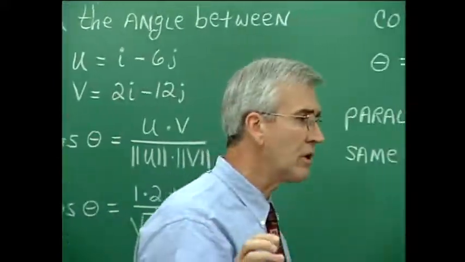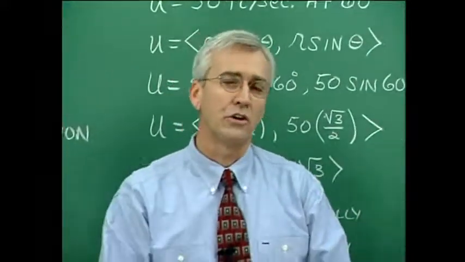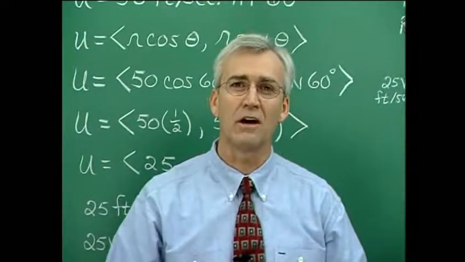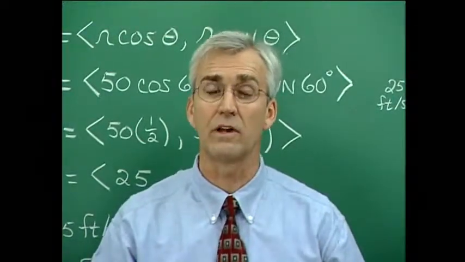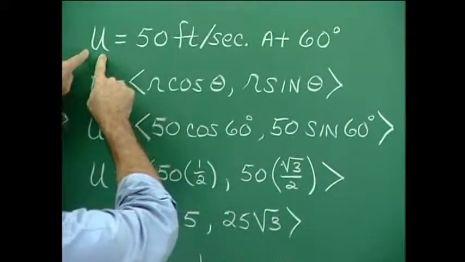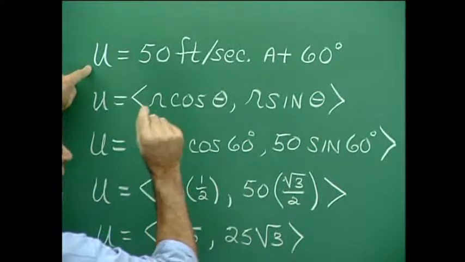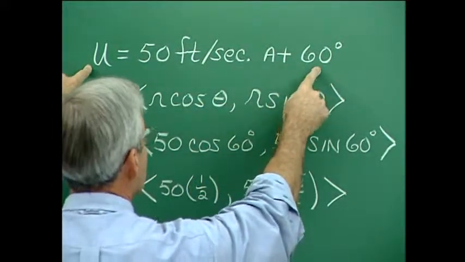Now, I want to talk to you about another formula that we're going to use from time to time. And to introduce the formula, we'll talk about some things that we have considered in the past. Suppose we have a vector u that's described by an object traveling at 50 feet per second at an angle of 60 degrees.